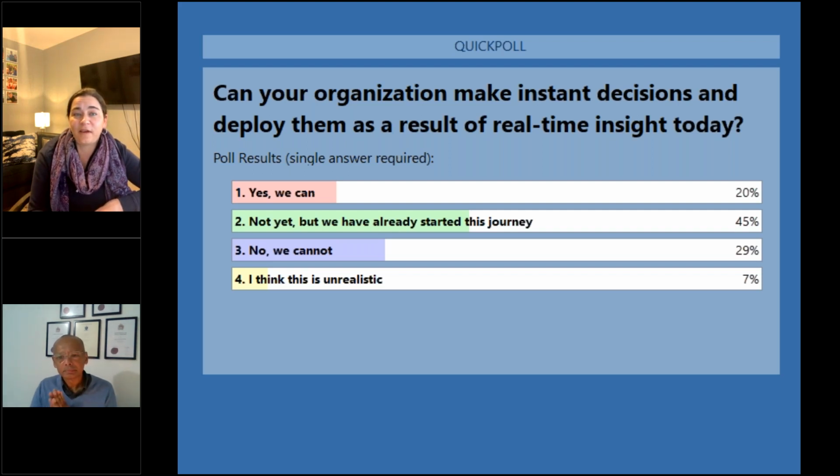I wish you all luck on getting to that target state of being able to make instant decisions using a continuous planning process that's fully integrated and connected to strategy and operational decisions. So good luck. Absolutely spot on there, Greta. 65% are, well, 20% already have it, 45% are working towards it, and then the 29% hopefully will turn the tide and go for it as well.